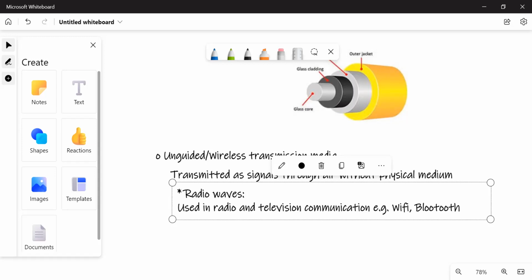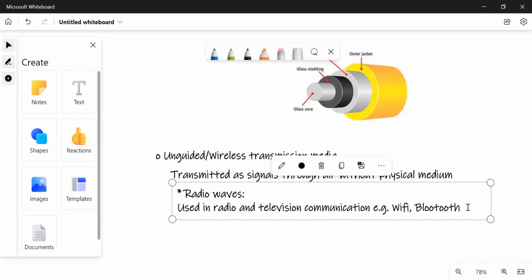Right. Then shorter ones we can use, that is what we call microwaves.